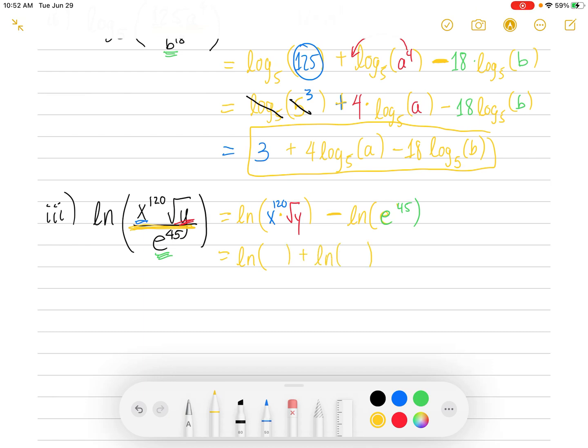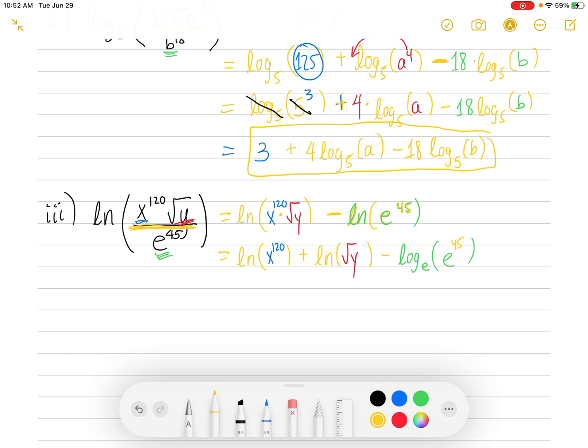Okay, so now I can look at my first log, natural log of x to the 120 times the square root of y, and I can separate that. Notice there's multiplication between the x to the 120 and the square root of y, so we can separate that. Remember, multiplication separates as 2 logs added. We're going to have natural log of x to the 120 plus natural log of the square root of y.